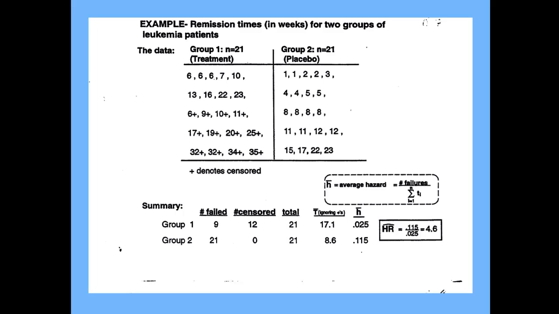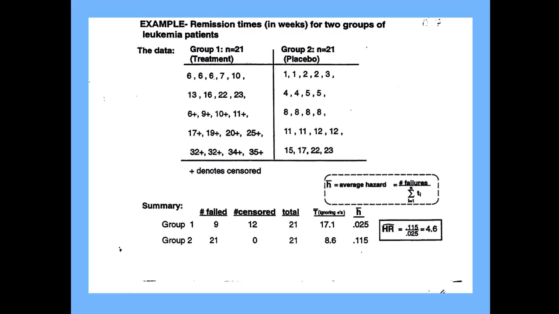So if you looked at these numbers and you wanted to draw a conclusion, and you didn't know anything about survival analysis, what would you say? Which one's doing better? Well, you'd probably say the treatment group is doing better, because more or less the numbers in the treatment group are larger. Collectively speaking, they're larger. In fact, if you look at any one of these things with the plus, like the 17 plus or the 32 plus, the 32 plus means they were in remission for at least 32 weeks.